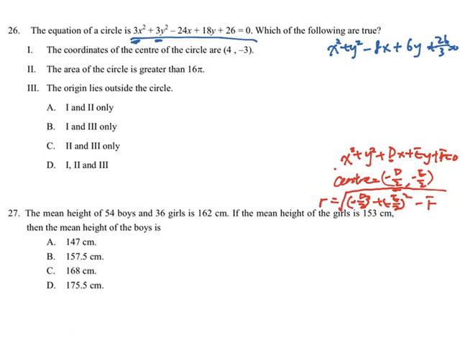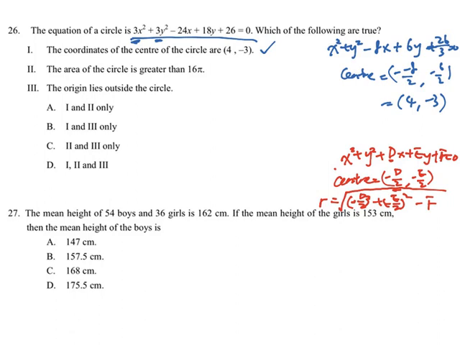Can't divide, so 26 over 3. For the center, it is negative 8 over 2, negative 6 over 2, so we get 4 and negative 3. So 1 is correct.